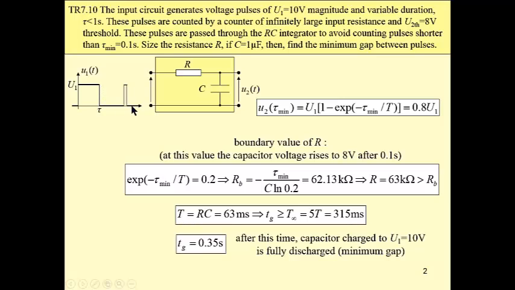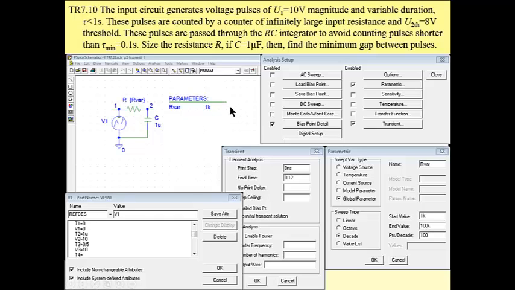We may verify these results by means of PSpice. So this is the schematic. This is our pulse, and a variable resistance, let's say from 1K to 100K with 100 points per decade, and we perform a parametric analysis of this circuit to find a resistance such that 8 volt is reached after this time.